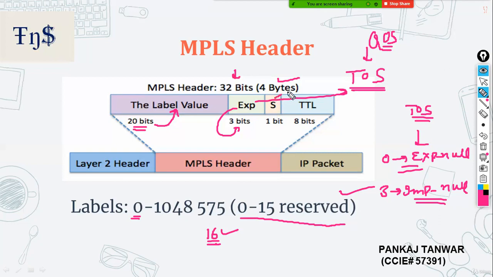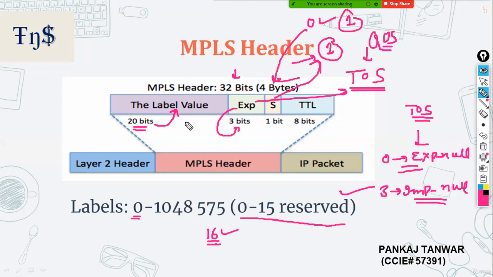If the value of this bit is 1, it means we are having more than one label in the pipeline. But if there is 0 in this S bit, it means we are having only one label in the pipeline.